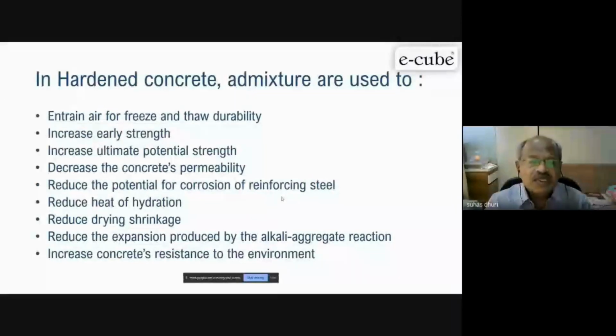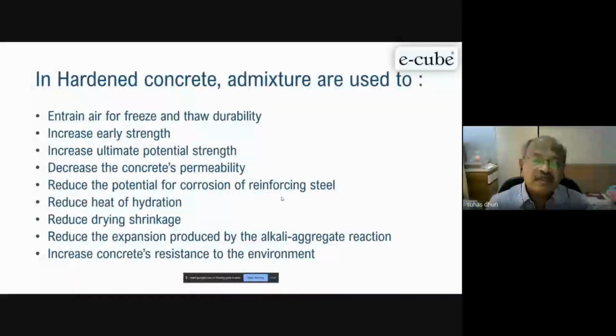Once your water is reduced, your porosity is reduced, and concrete becomes impermeable. Once concrete becomes impermeable, it's very difficult for pollutants to enter, and then you get better concrete, better life of the structure, and better performance of that particular structure for the design.